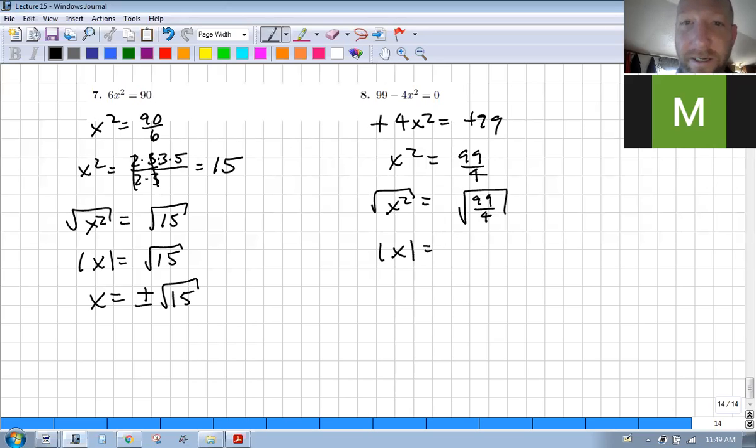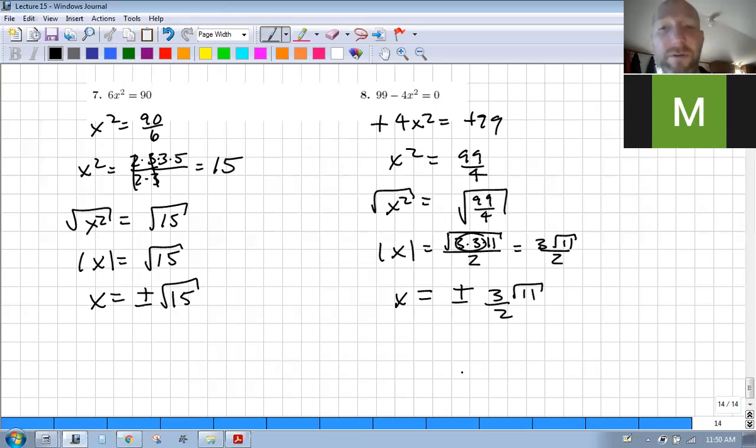I don't know. 99 is 3 times 33. 33 is 3 times 11. So we have on top, the bottom, the square root of 4 is 2. So this, we could pull those out. We have 3 root 11 over 2. So x is plus or minus 3/2 times the square root of 11. It's the prettiest we can make it.